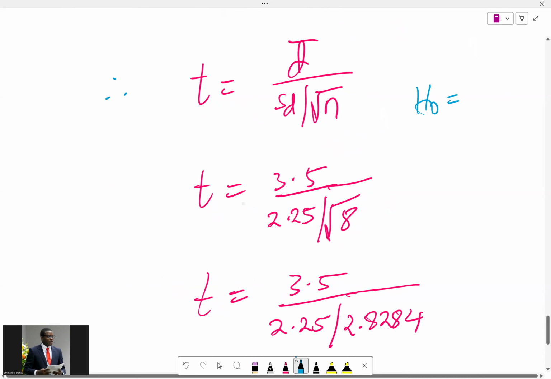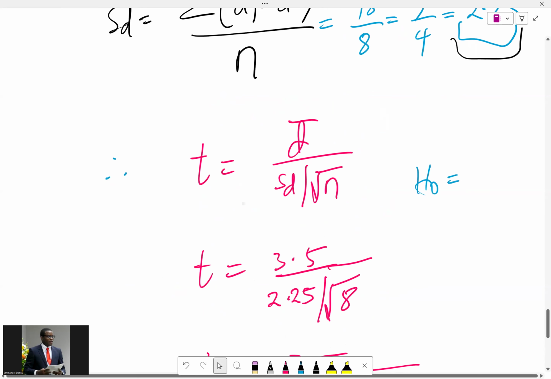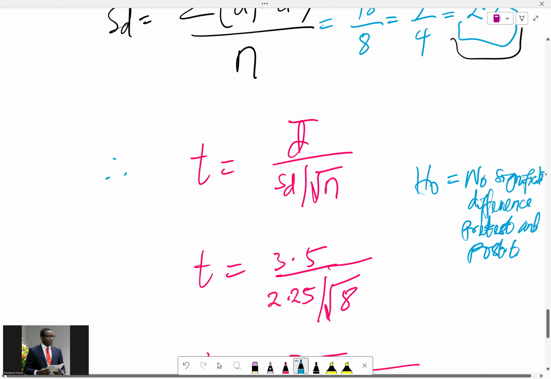H naught is that there's no significant difference between pre-test and post-test, and the alternative hypothesis H1 will be there is significant difference.